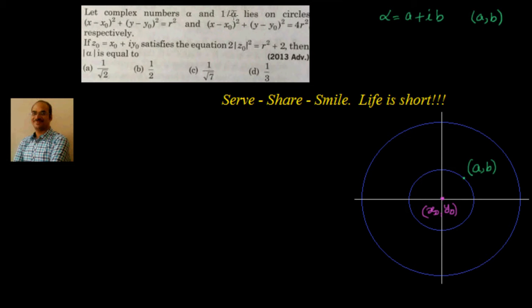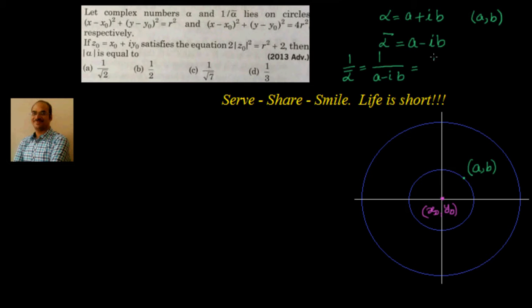Then 1 by alpha conjugate. Let us see what alpha conjugate is. Alpha conjugate we know is a minus ib. What is 1 by alpha conjugate? That is 1 by (a minus ib).